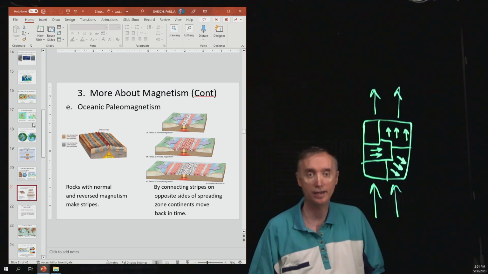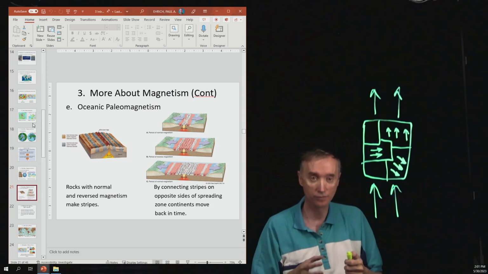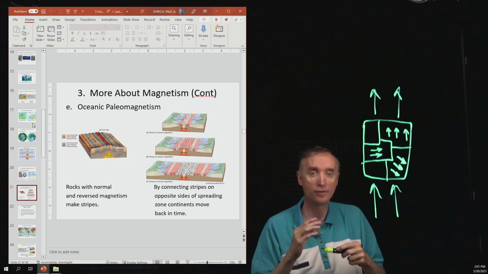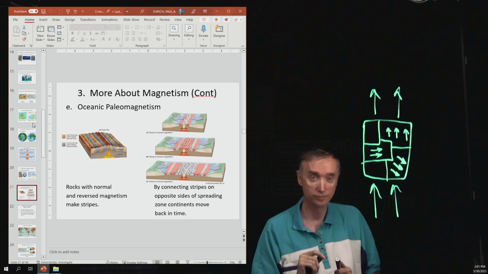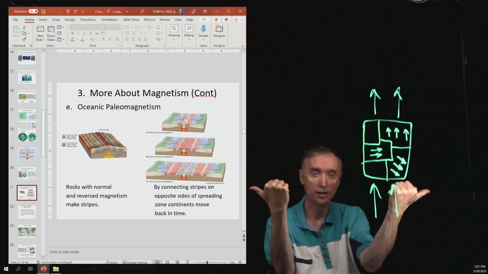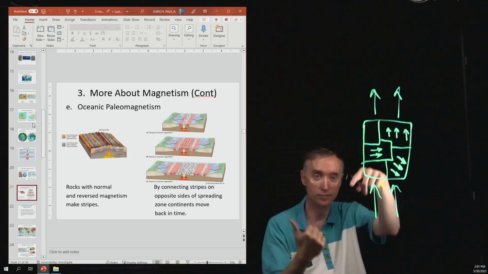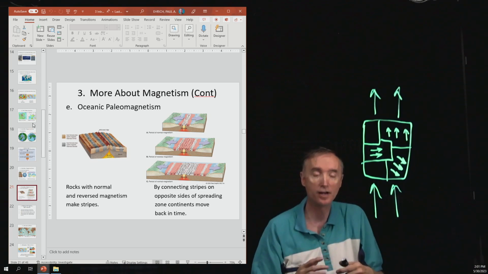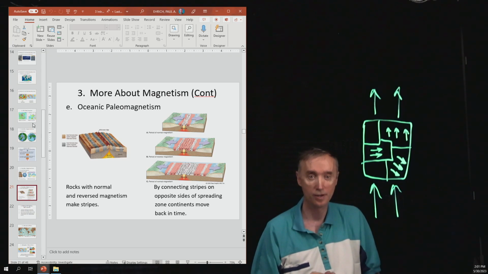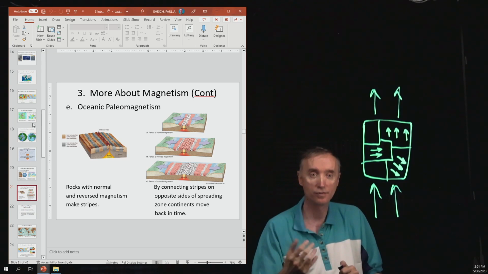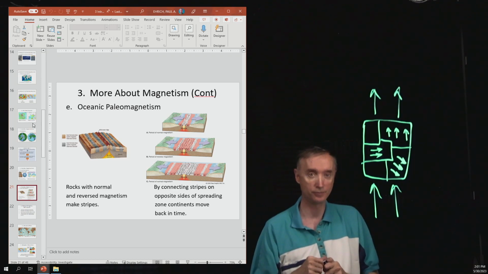Because today, the rocks coming out of the mid-ocean ridge are hardening and have a magnetic field aligned with the current magnetic field of the Earth. But if you go 100 kilometers out, away from the mid-ocean ridge, you will find rocks that are oriented in the opposite direction because they formed hundreds of thousands of years ago when the magnetic field was pointing in the opposite direction.